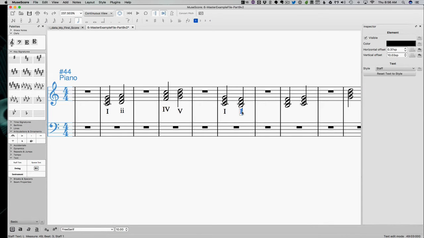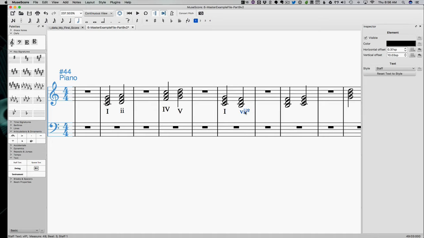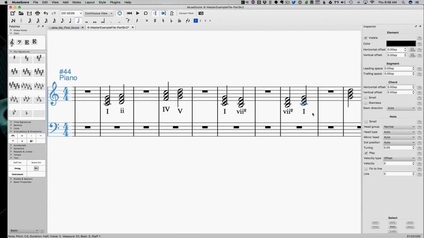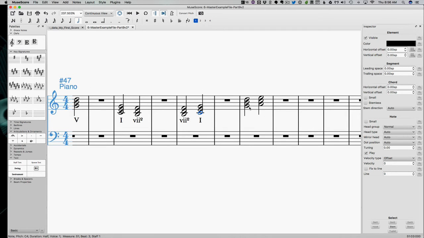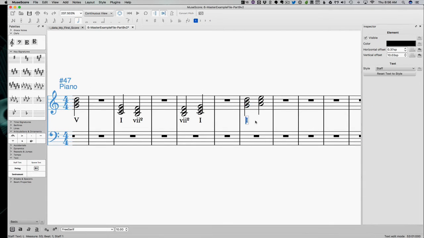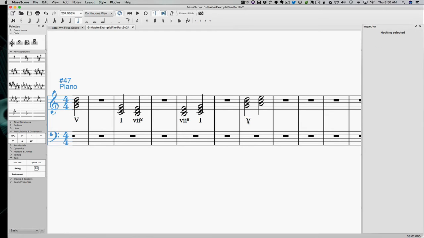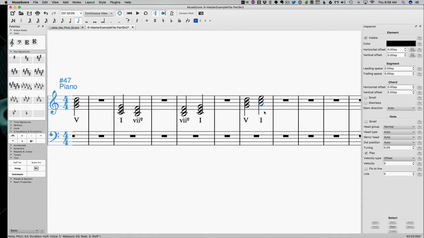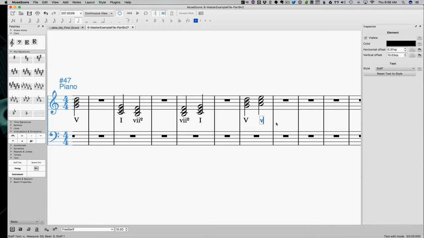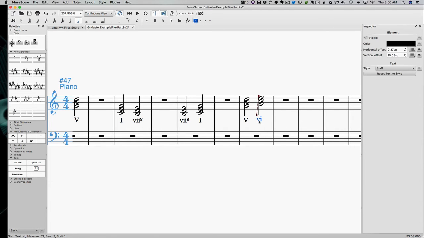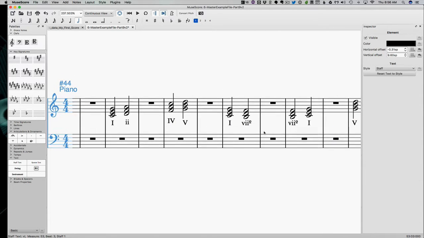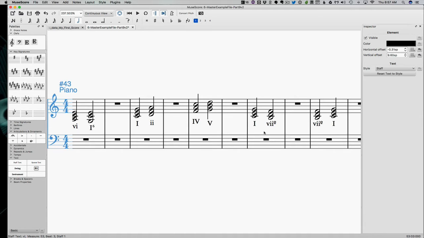This is going to be diminished 7, and this is going to be 1. And this is going to be 5 and 6. Okay. So I did all of these in just root position.